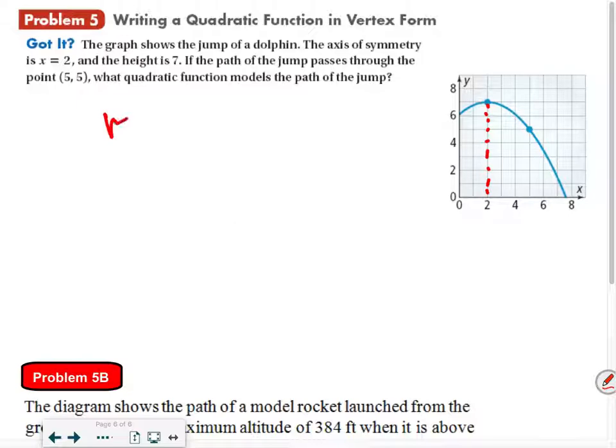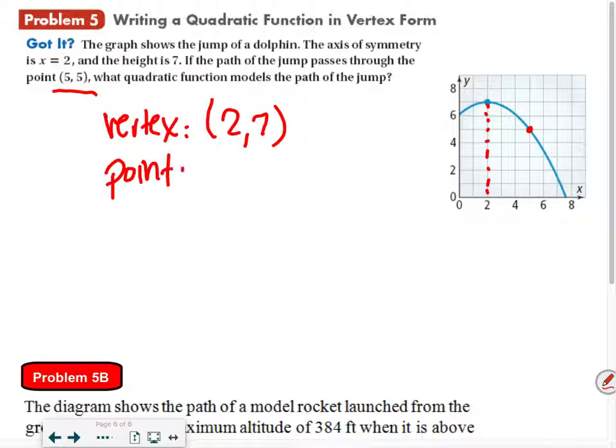Close. 7. 2, 7. Vertex is 2, 7. It says it goes through 5, 5. So I have a point, 5, 5. Okay. That's everything we know from our paragraph.